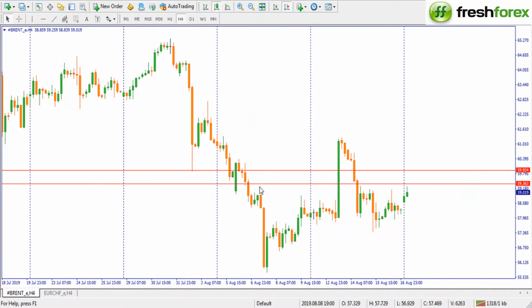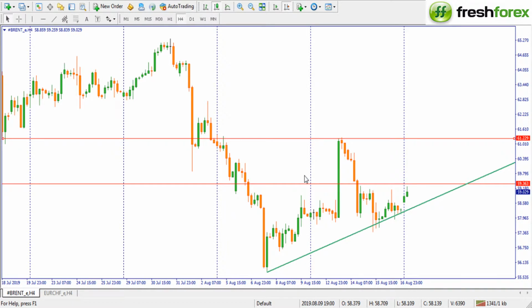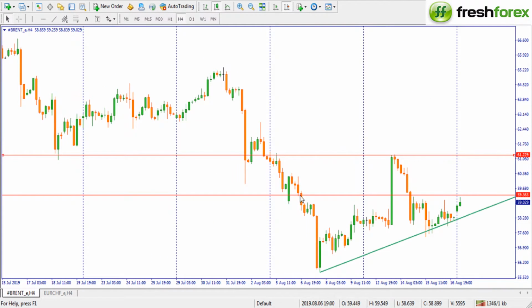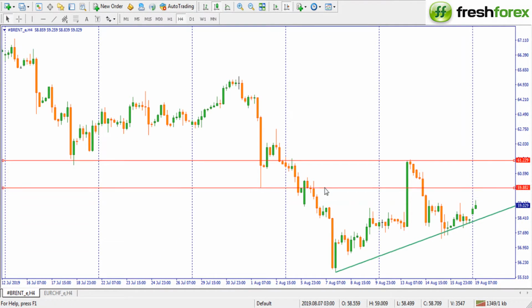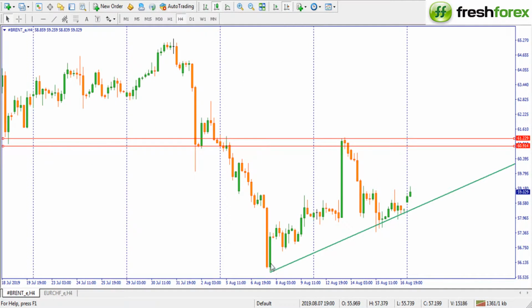So this is how Brent oil looks. Actually, we are somehow heading to the upper side. There is a very good supportive trend line that, as long as you have price remaining above it, forms a very good place to look for a buy from here. It continued up a support, continued up a support.